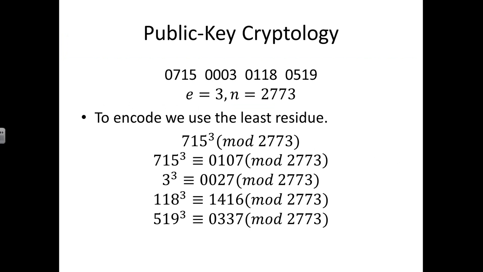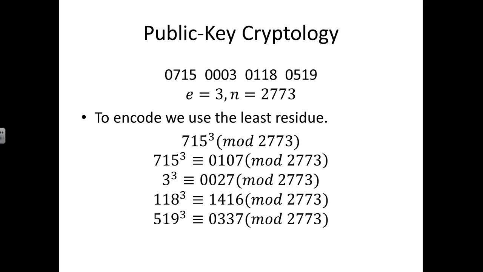So to encode this, we use the least residue, so that we have our number, which is 715, and we put that to the power of E modulo our N, which is 2,773.